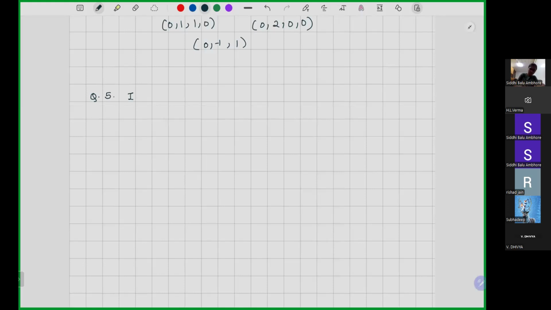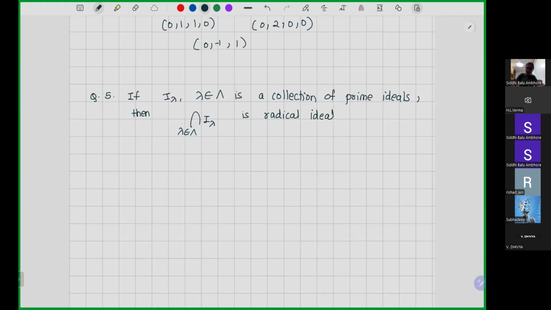If I_lambda, where lambda in this capital Lambda is a collection of prime ideals, then they are saying that this intersection of I_lambda, lambda in capital Lambda, is a radical ideal.